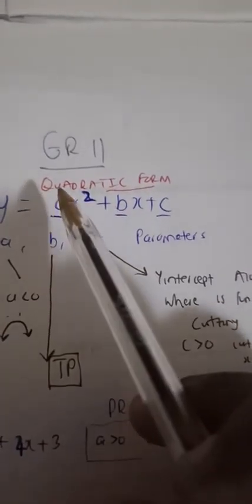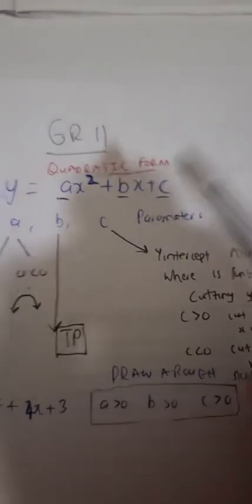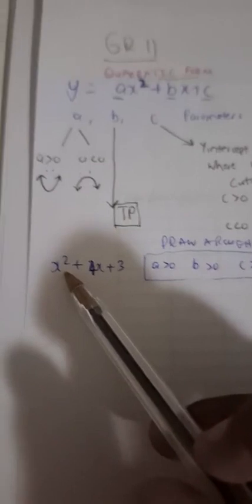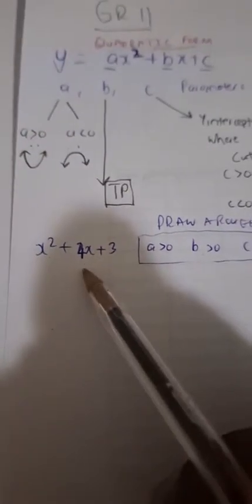So I want us to really understand what effect a, b, and c have on the function, and see this very well. If you look at x squared plus 4x plus 3, a is positive, b is positive, c is also positive. All three parameters are positive.